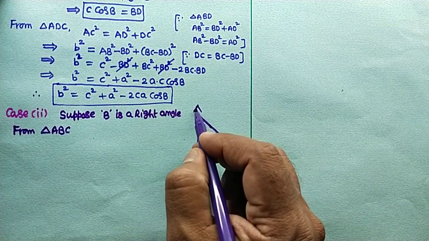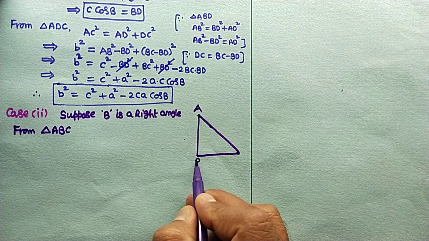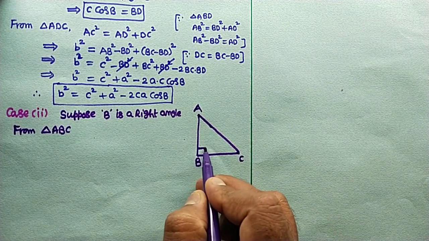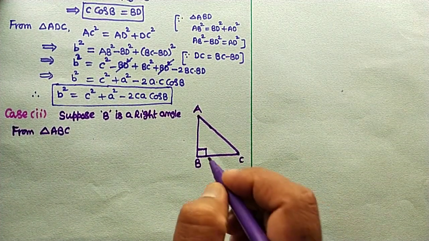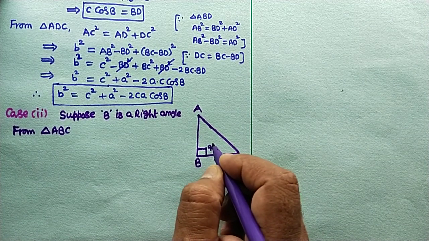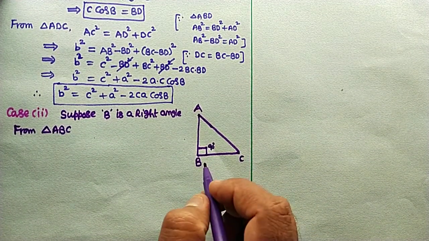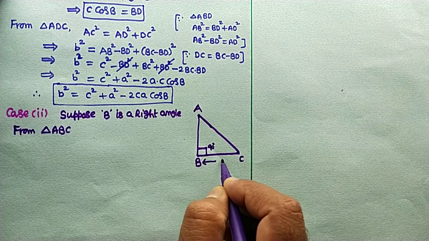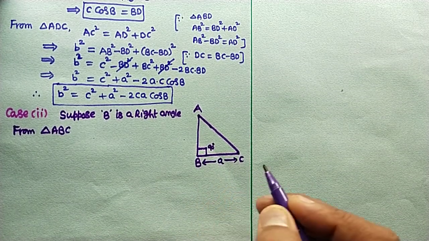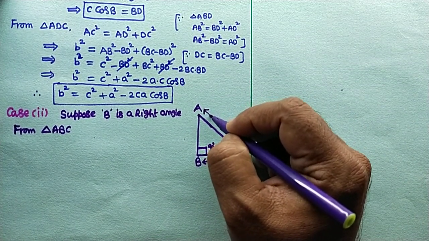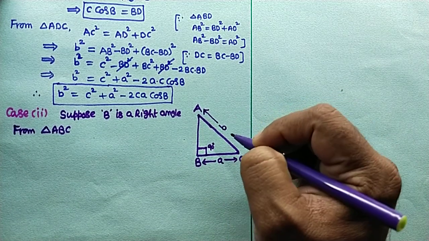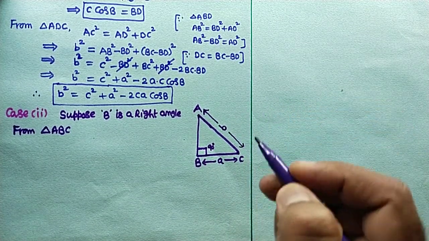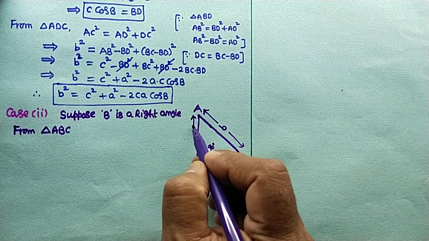This is A, this is B, this is C. Here angle B is a right angle. BC is small a, AC is small b, and AB means small c.